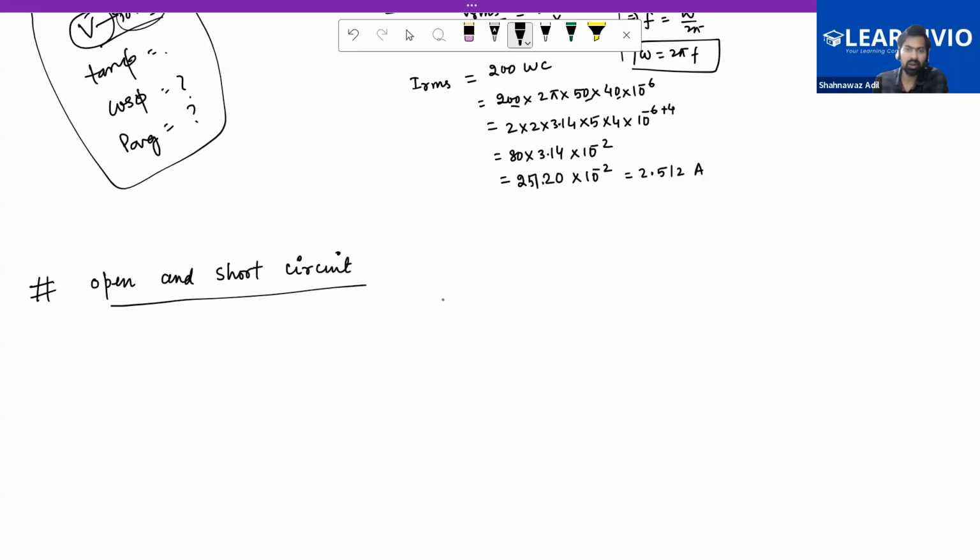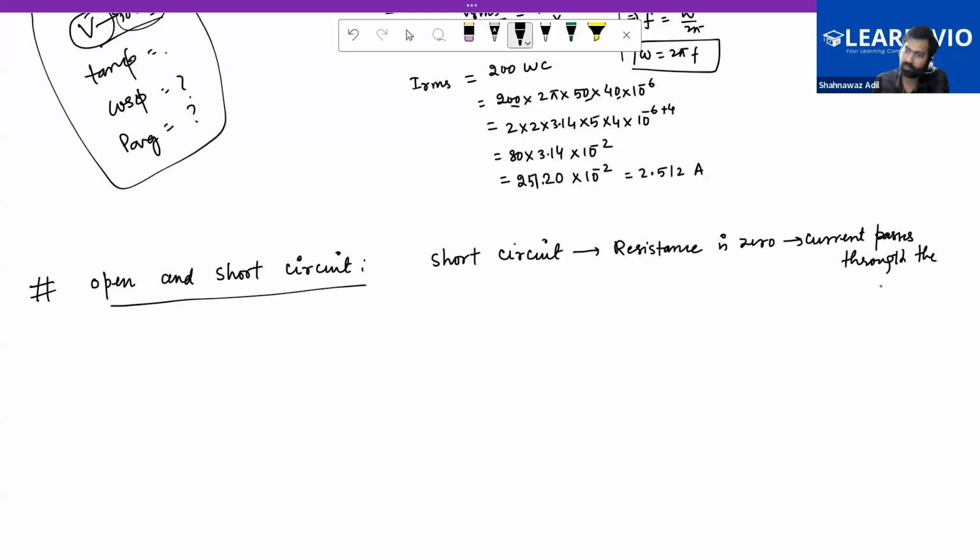So the idea of short circuit is that resistance is zero, and current passes through the circuit, right?